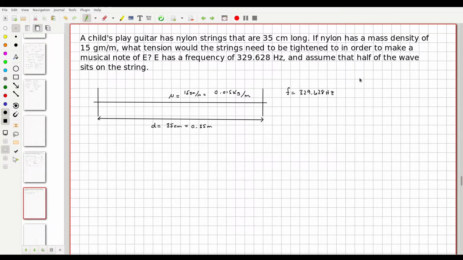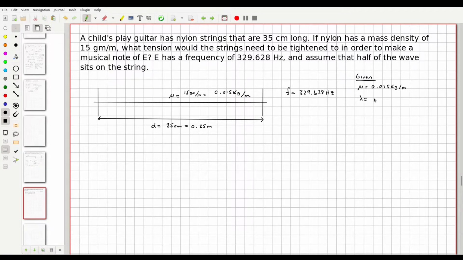Okay. So let's write down our givens. We know mu is equal to 0.015 kilograms per meter. We know lambda is actually twice d. It's 2 times d. D is 35. 2 times that, it's going to be 70.